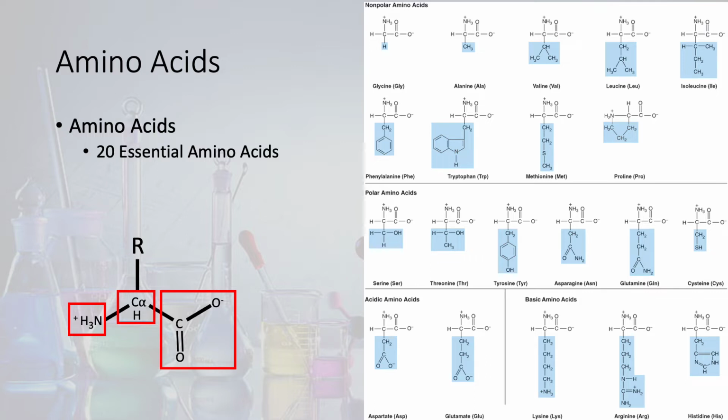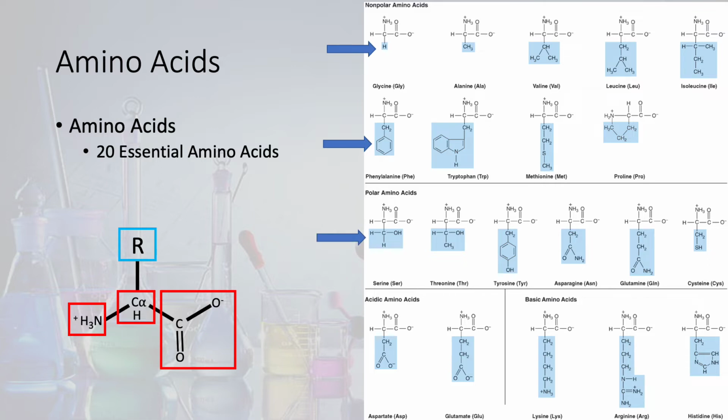And then what makes each amino acid unique from each other, which gives them their unique function and structure and unique characteristics of how they interact with each other, is their R group. If we look over here to our table from our textbook, we can see that, for example, the R group on glycine is just 1 hydrogen, whereas the R group on phenylalanine is a phenyl or benzyl ring.